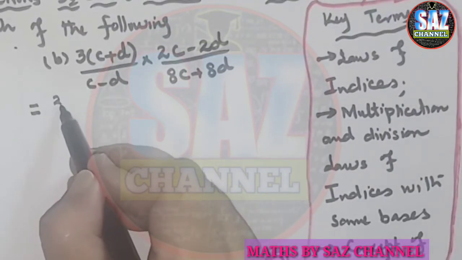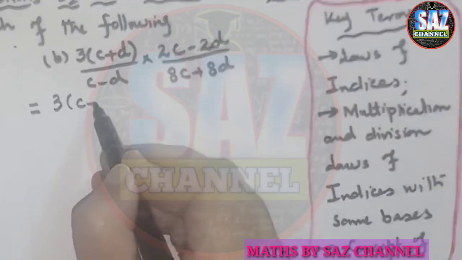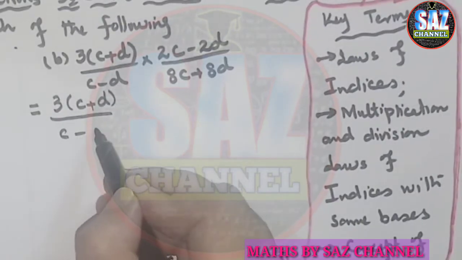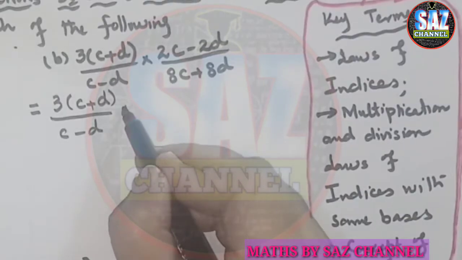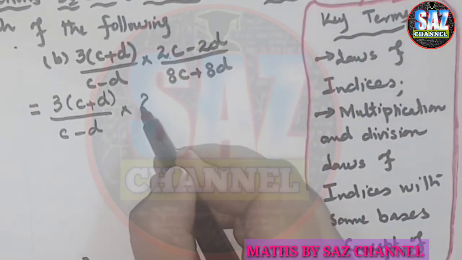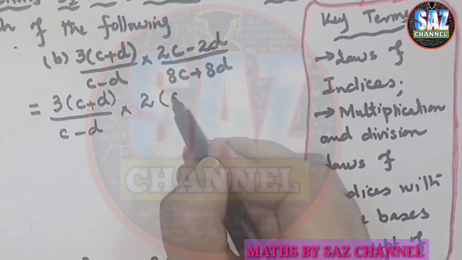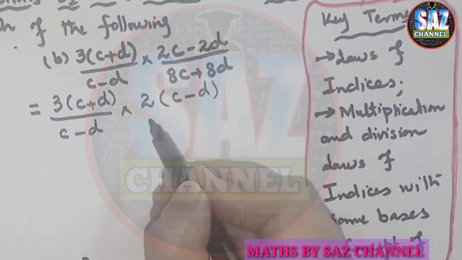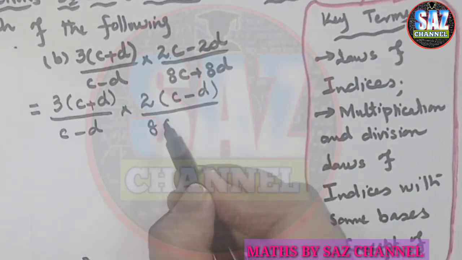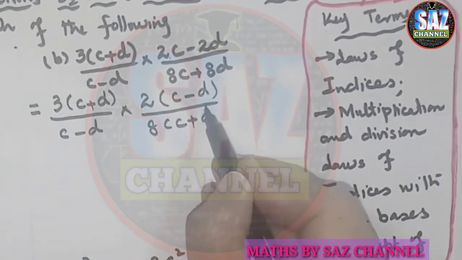So what I have to do, I have to write 3 into c plus d upon c minus d as it is, multiplied by, if we look at 2c minus 2d, 2 is the common factor here, extract it out, pull it out, 2 into c minus d. Looking at the denominator, 8 is the common factor, 8 into c plus d.